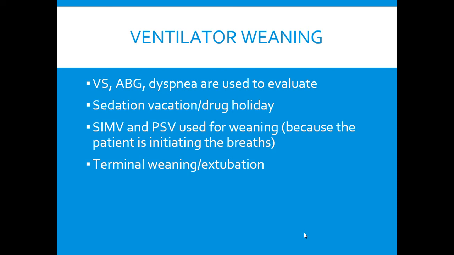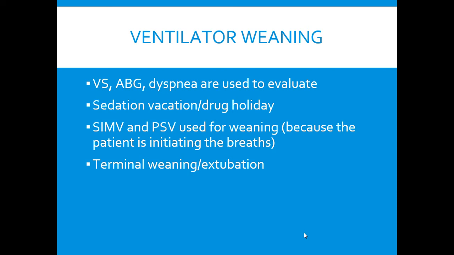And the most common weaning trial we utilize in ICU is continuous positive airway pressure. You can also do that with the ventilator. So SIMV and PSV are the ones that are used for weaning. Using a CPAP level equal to the previous positive end expiratory pressure level.